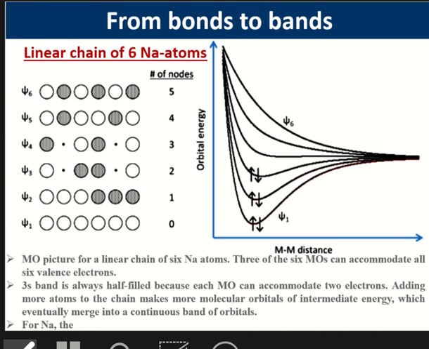So just like we had seen in the case of the hydrogen molecule, the same visualization has been further extrapolated to the view of 6 sodium atoms coming together from infinite distance and converging, meeting each other, having overlap of orbitals in such a way that a linear chain is formed.